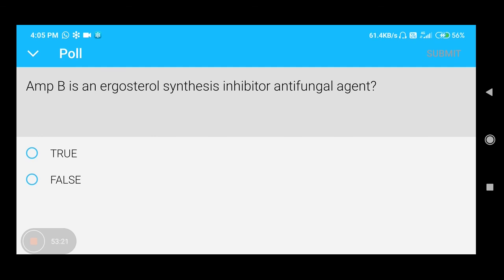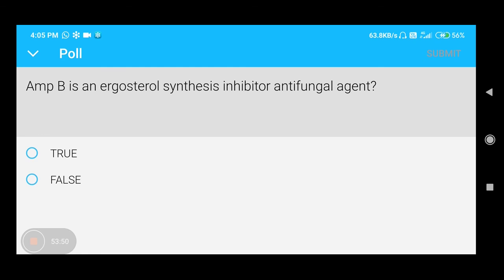Thirty seconds left. 52% of you have voted so far. Last 15 seconds, 55% voting is done. Out of 250 students, only 57% have voted so far.